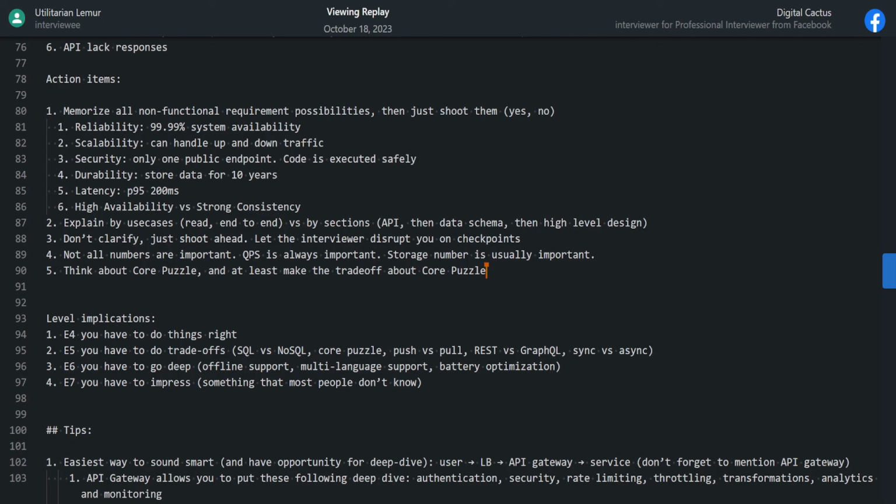Let me give you another example. Say I want you to build a system for storing and serving images on Instagram. Then the core puzzle is how do I serve the images to you in multiple resolutions? If the image is too big, my low-end phone is going to crash, but if it's too small, I won't see the detail.